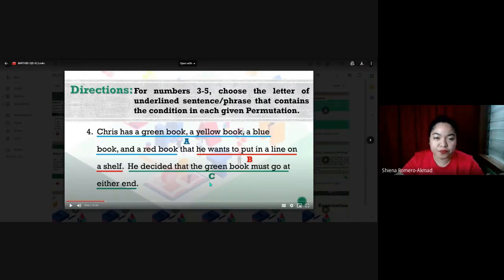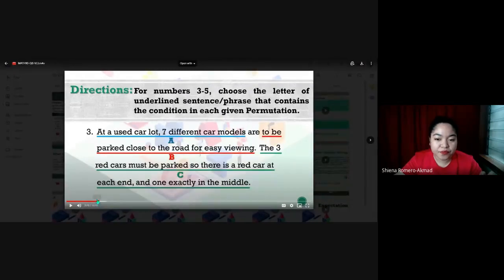So, ano napansin nyo? Yung object, which is green book, binigyan tayo ng direction kung saan siya ilalagay. Okay? Doon sa kanina, sa number 3, yung red cars, tatlo yun, di ba? Tatlo yung red cars. So, yung mga cars na yun, binigyan naman din tayo ng direction kung saan siya lalagay.